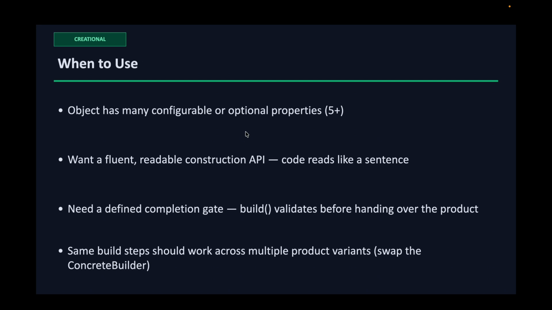You want to use it when you want to have a fluent API that guides construction step by step. You want to use it when you need to prevent a product from being built in an invalid intermediate state. We have the build method that kind of acts as this gate, and we want to use it when the same build steps could produce multiple product variants by just swapping in a different concrete builder.